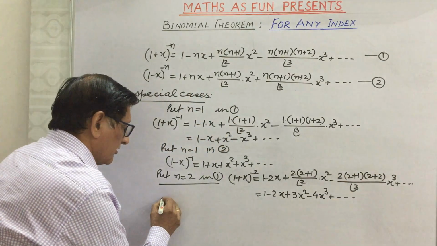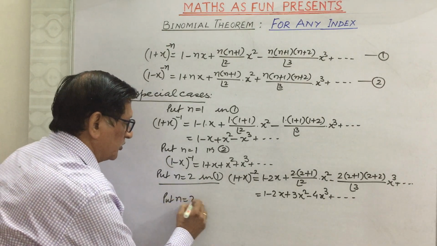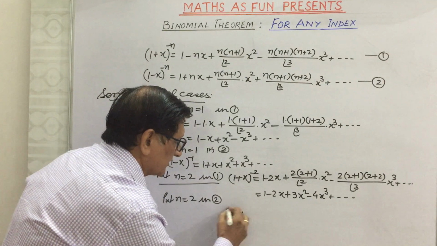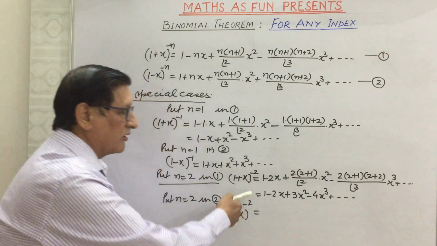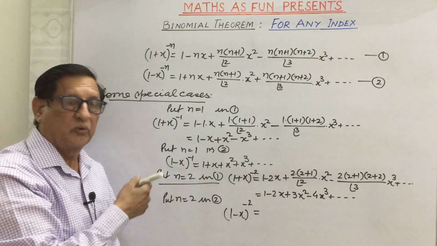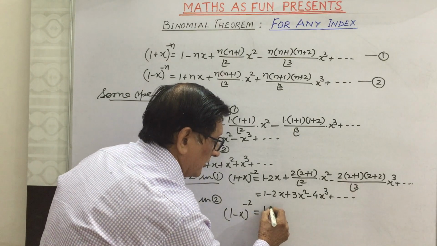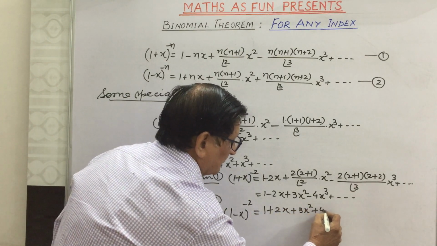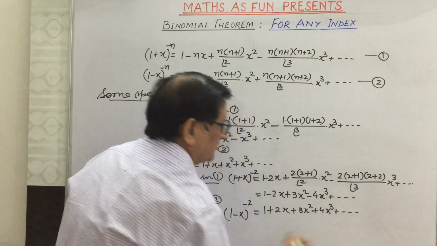If we put n is equal to 2 in 2, then it will be 1 minus x power minus 2 and all the terms will become positive. So it will be 1 plus 2x plus 3x square plus 4x cube plus so on.